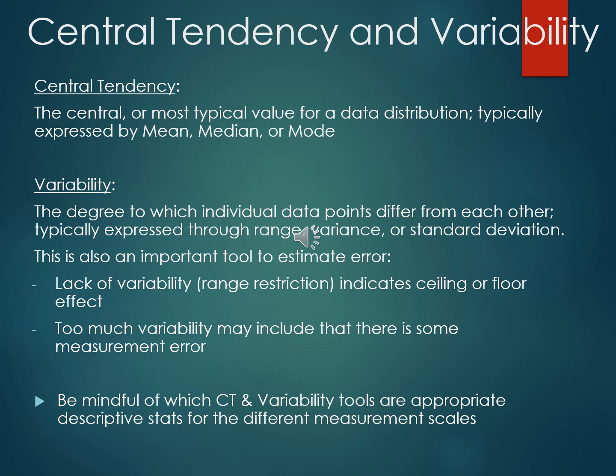The variability is very important because it provides some information about the nature of the data. The lack of variability implies that there can be a ceiling or floor effect. Too much variability may indicate that there are some measurement errors. The most typical variability measure that you use in descriptive statistics is standard deviation.